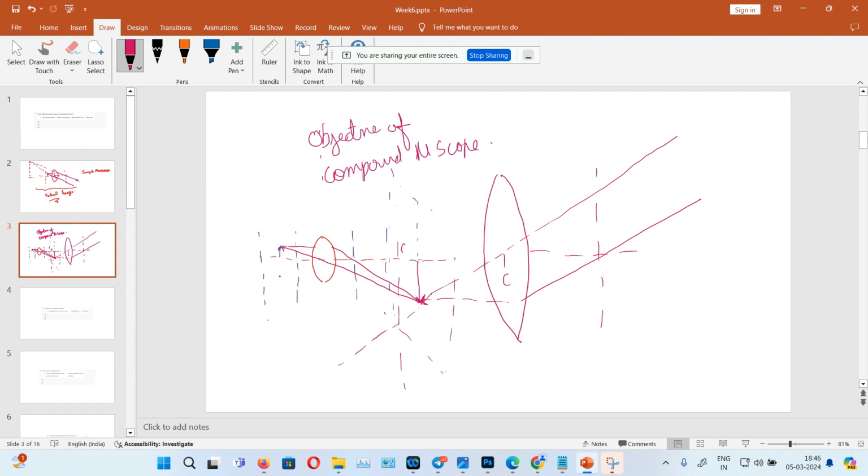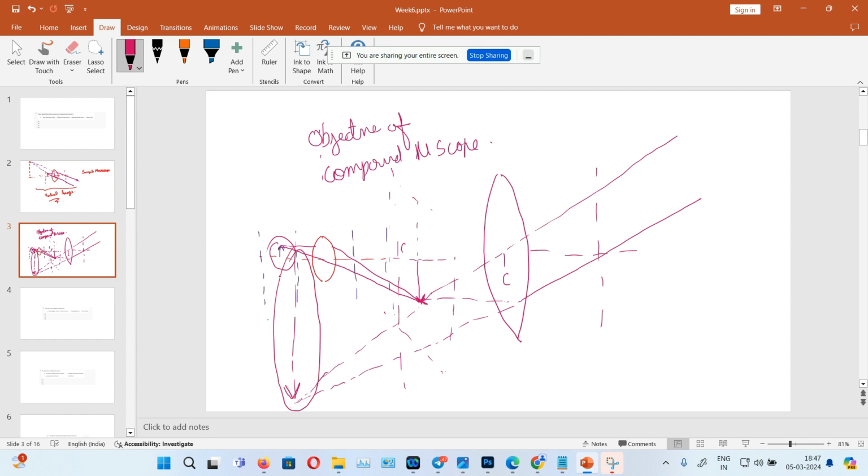If you extrapolate this, we will get a very big virtual image. This is the size of the object, and this is the size of the virtual image we are seeing.